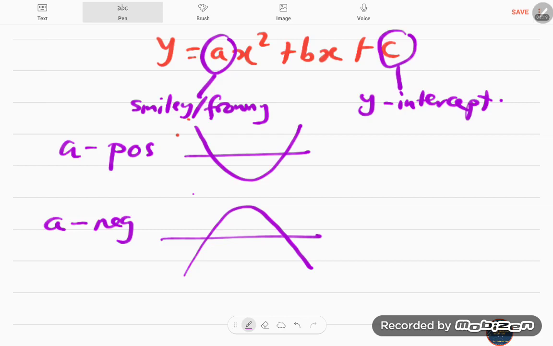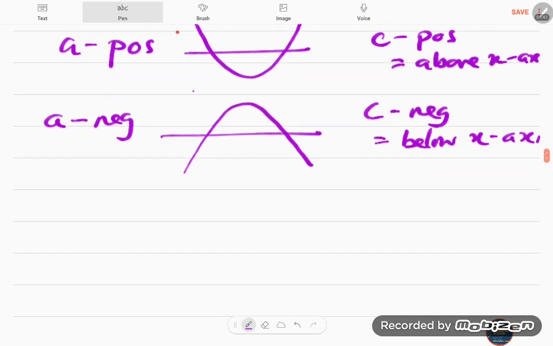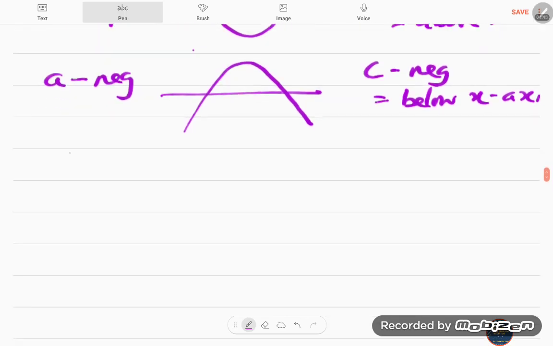And for the y-intercept, if C is positive, then we're looking at being above the x-axis, and if C is negative, we're looking at being below the x-axis. So we'll look at all the cases that have to do with that now.